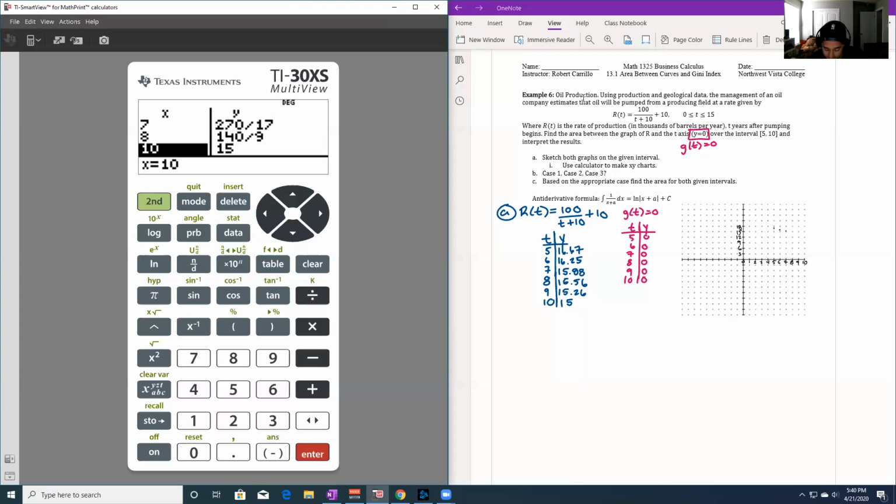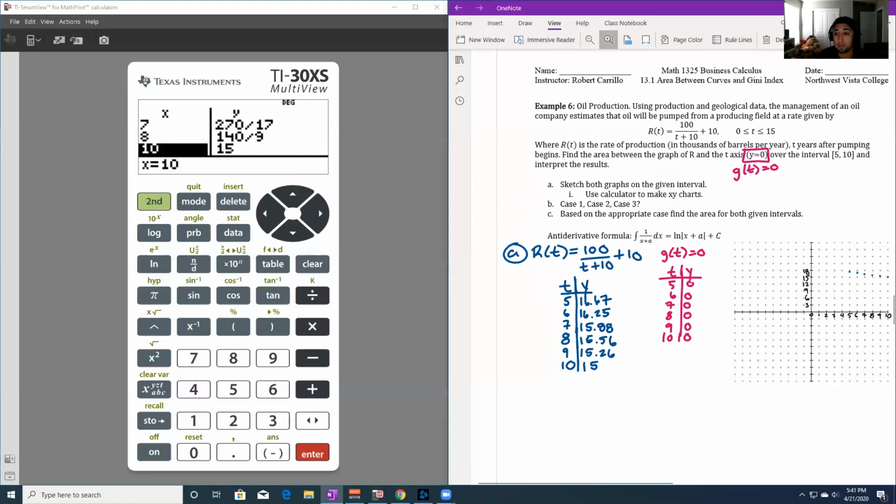Hang on, I'll zoom in when I get there. 8, 15.56. Oh, I guess I should have done these dots a little better. Okay. So we'll just have something like this. There we go. Now let me zoom in and show you what I did.